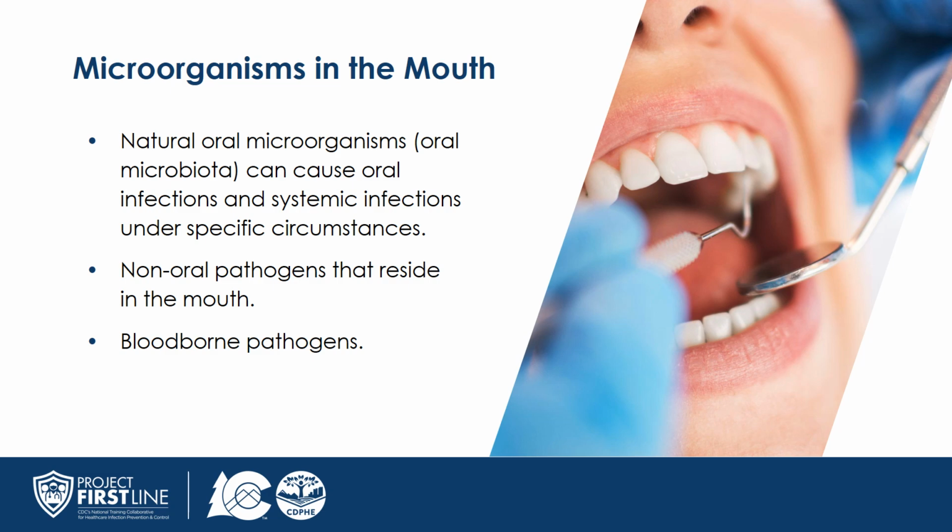However, these same microorganisms, in certain circumstances, can cause infections in both the mouth and the body and can become what we call opportunistic microorganisms. Other microorganisms in the mouth are the non-oral pathogens. These germs are not part of the normal habitat of the mouth, but they are able to live in the mouth. There are also blood-borne pathogens that can find their way into the mouth. In the coming slides, we will talk about each of these germs in greater detail.